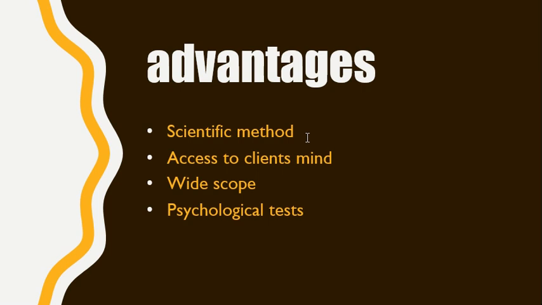Secondly, access to the client's mind. This external observation method gives access to the client's mind, the client's mental processes, because we know that mental states or mental processes are manifested in external behavior. Okay, mind and body are working together in collaboration.